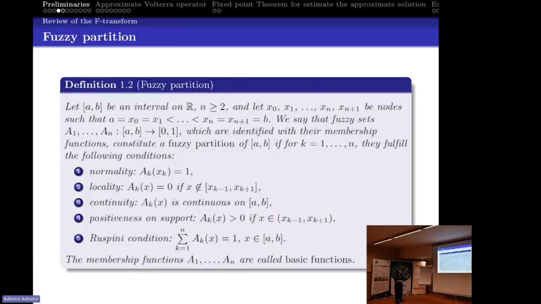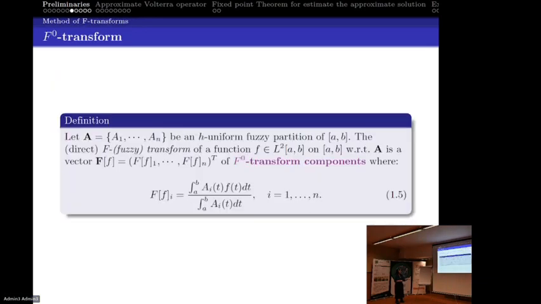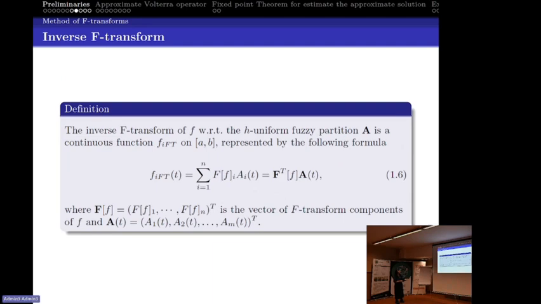And now this is the fuzzy partition, and I think most of you already know about this, so I intend to skip it. Here in our result, this is the inverse fuzzy transform, and we express the inverse fuzzy transform of F by the multiplication of two vectors, where vector F is the vector of components and vector A is the vector of basic functions.